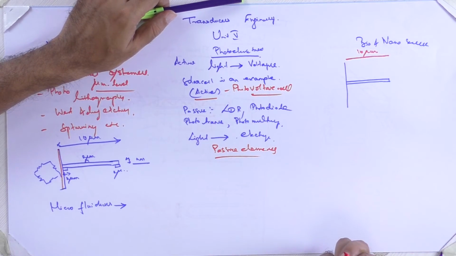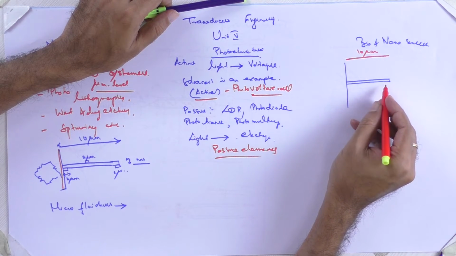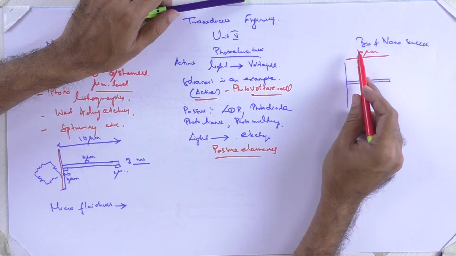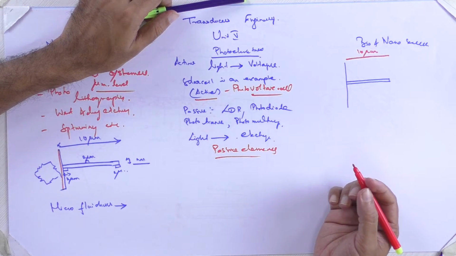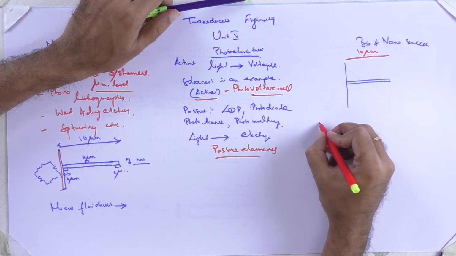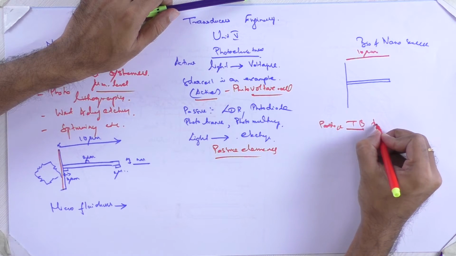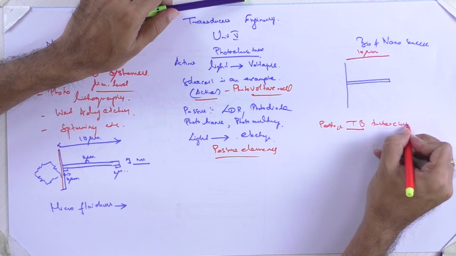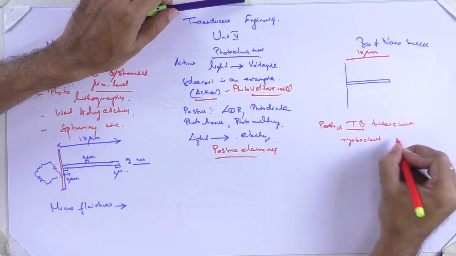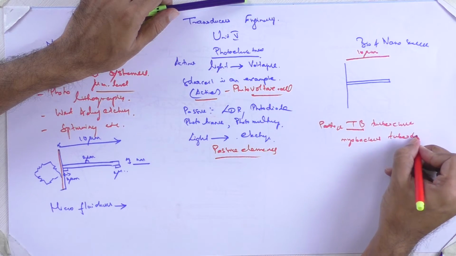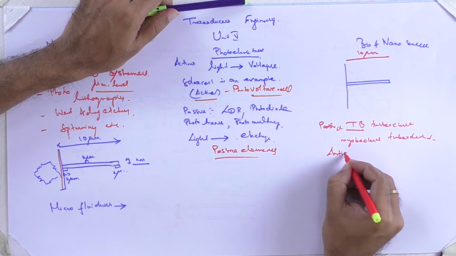How are we going to convert this cantilever beam into a biosensor? We will see. Every disease consists of a pathogen. So we are going to take TB, which is tuberculosis, which is produced by Mycobacterium tuberculosis, and it produces a disease causing agent called an antigen.